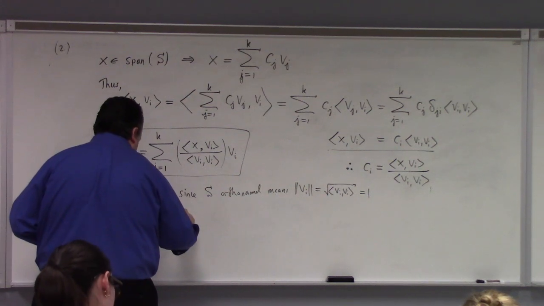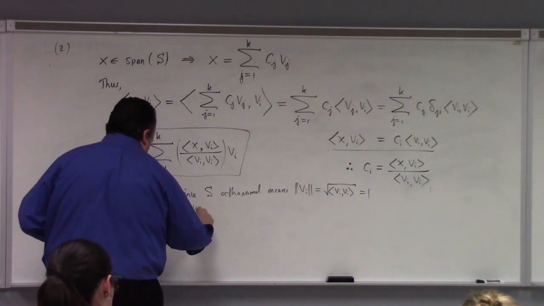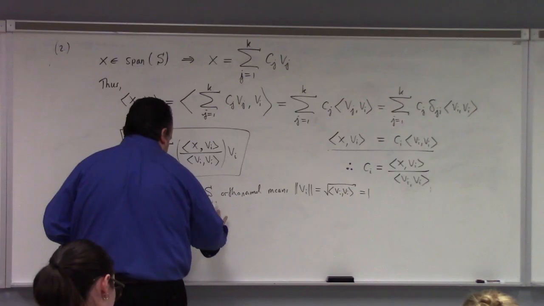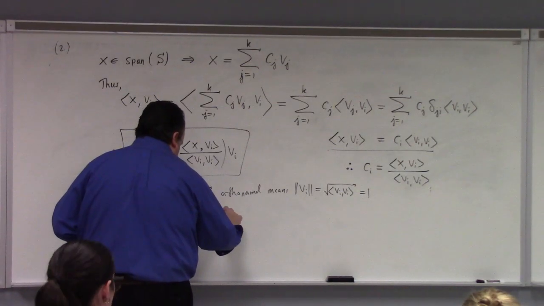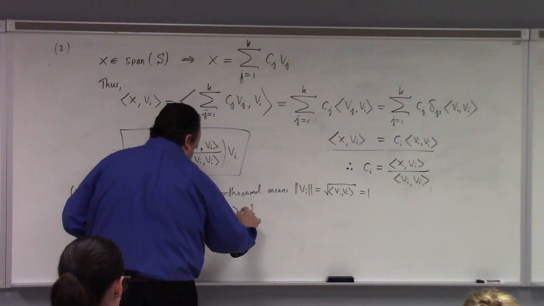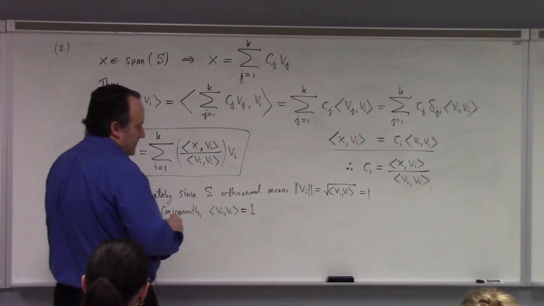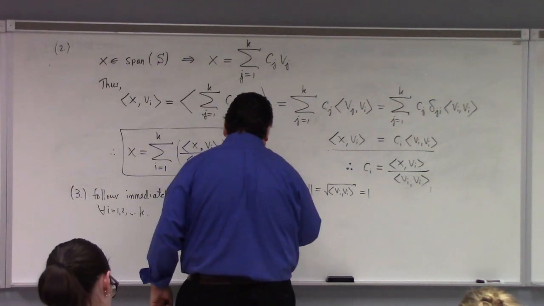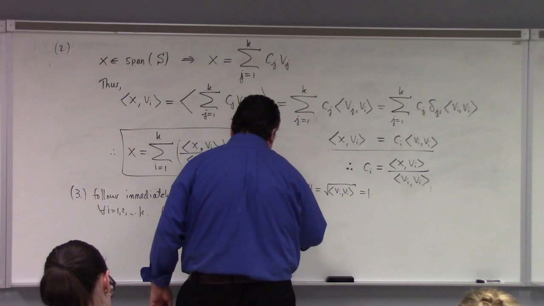Consequently, the inner product of vi with vi is what? It's just 1, right? It's just 1 here. In the case 3, so the formula in 3 follows.